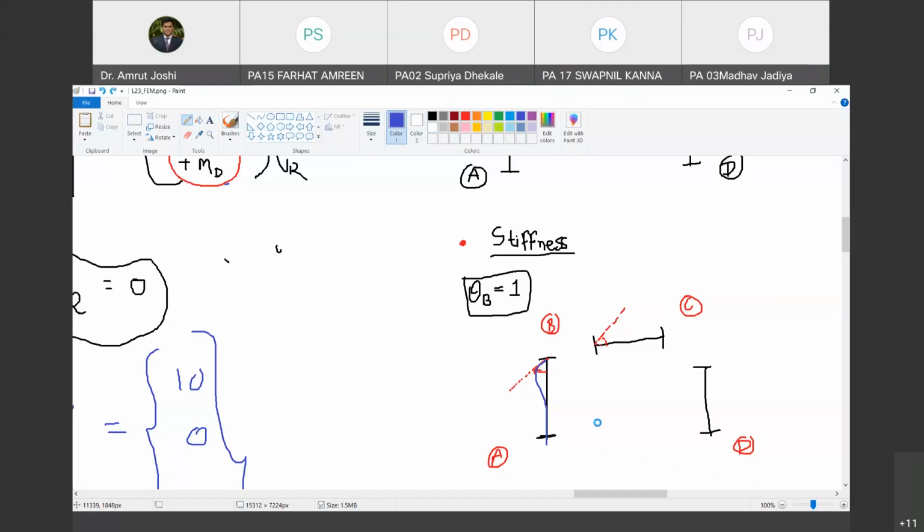Yeah. Sorry. So let us show it anti-clockwise. This is how it is. Yes, sir. Okay. This is the deformed shape.